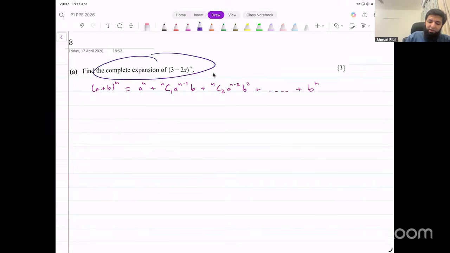Now they're saying complete expansion. Okay, so how do we do that? We can say a is 3, b is negative 2x, and the power n is 4.